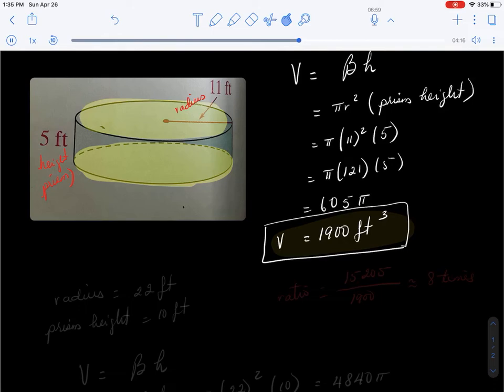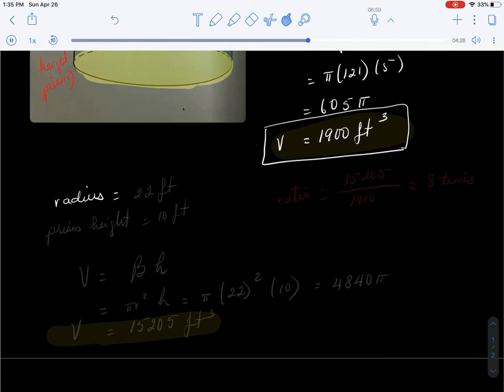Okay, what happens if I double the dimensions? In this case, I want to double the radius to be 22 feet. My prism height to be 5 feet. Okay, if I double that, what happens to its volume? So I'm going to have the same thing, pi r squared.